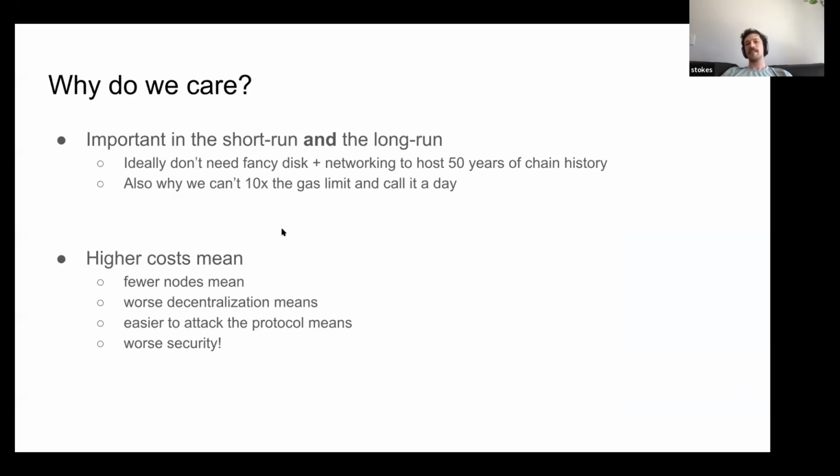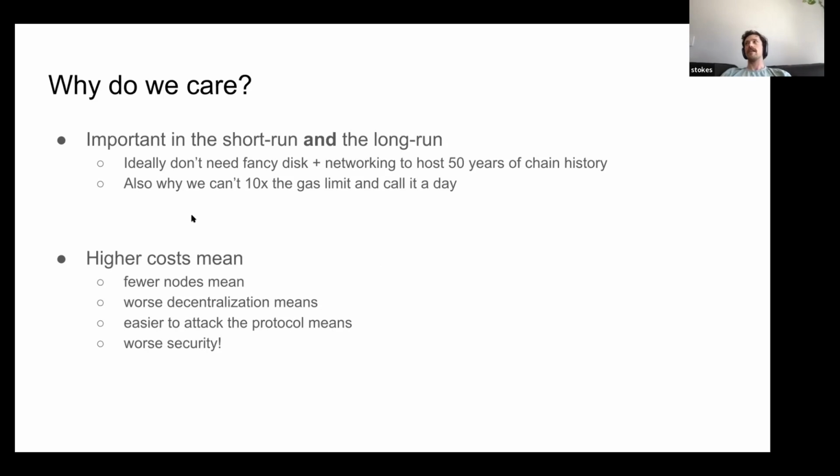And then also, in the long run, you have the same issue. The issue is that if in 50 years from now, we don't change the guarantee we currently have, then you're going to need some very high powered disk to even have all this data, along with computation, along with networking, all this stuff.